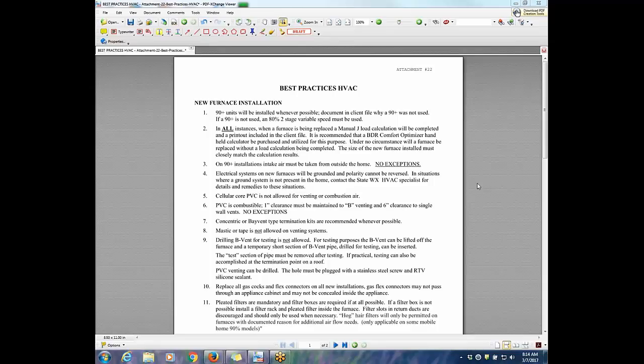So Mike Johnson, the program director at the time, and Gary Spangenberg, his right-hand man, asked me to put together an HVAC best practices, kind of a down and dirty, here's what we expect from you if you're going to install furnaces. So that's how this document was originally created.